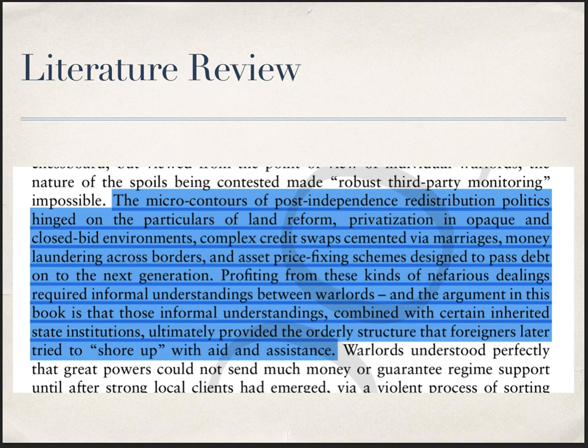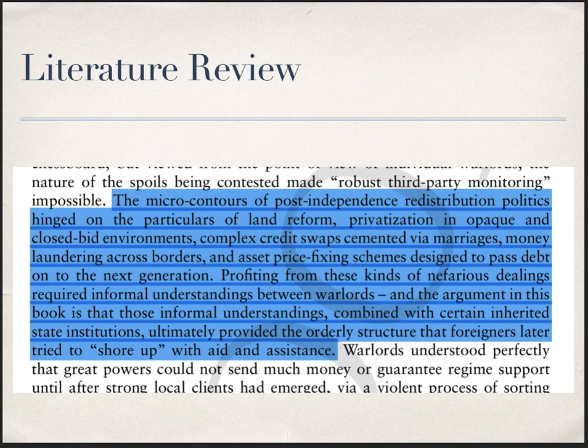Monitoring land reform, privatization of businesses where very few of the executives speak your language, complex credit swaps that are oftentimes being cemented by family relationships, money laundering, price fixing schemes.